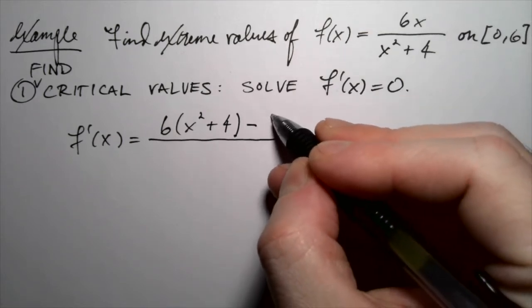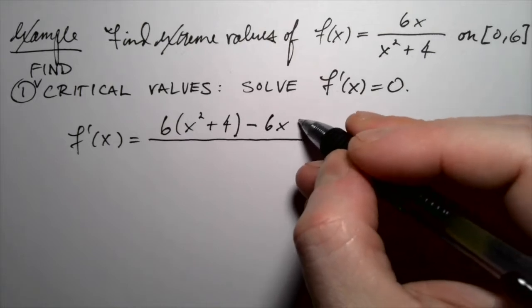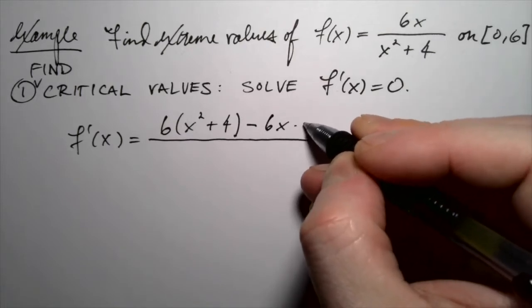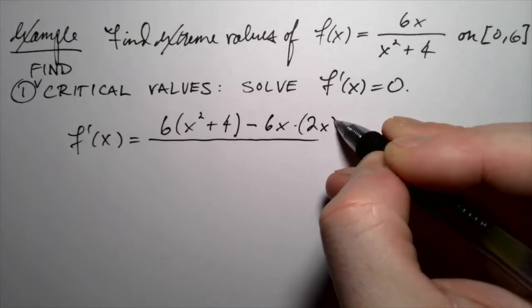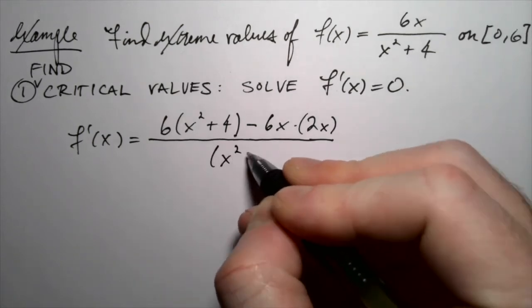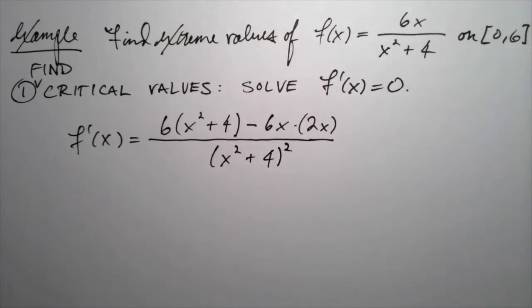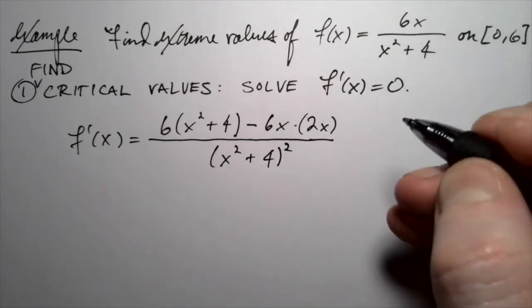And then we subtract off the top, not the derivative of the top, but just the top function, 6x, multiplied by the derivative of the bottom. The derivative of x squared plus 4 is 2x. And that all goes over the bottom squared. That's the derivative of f.